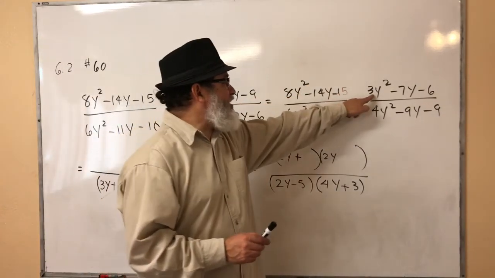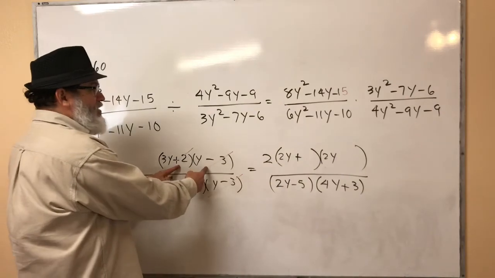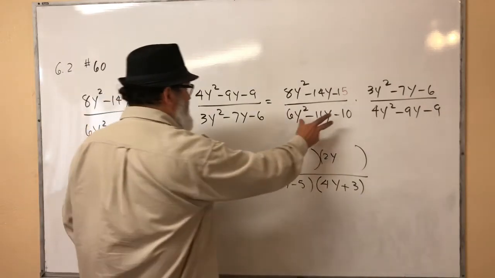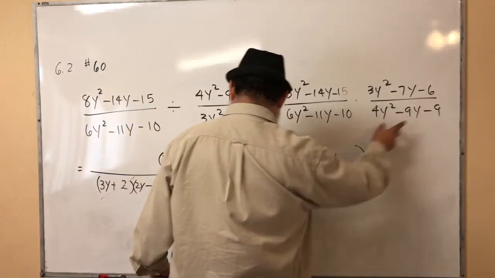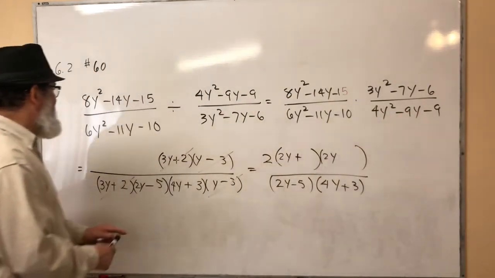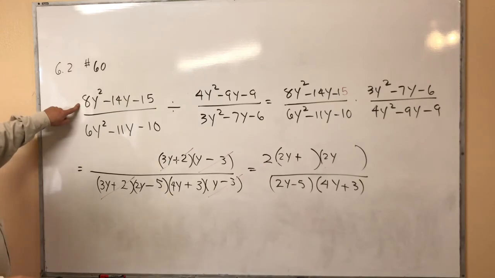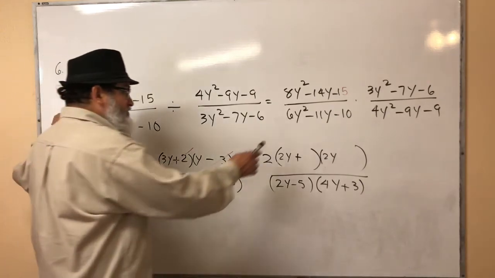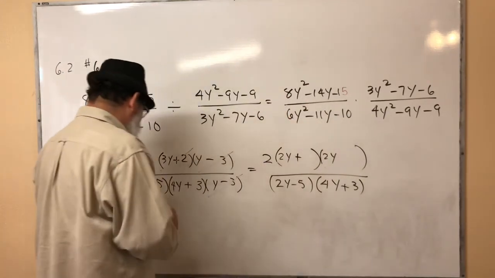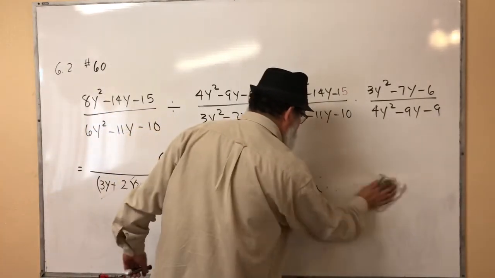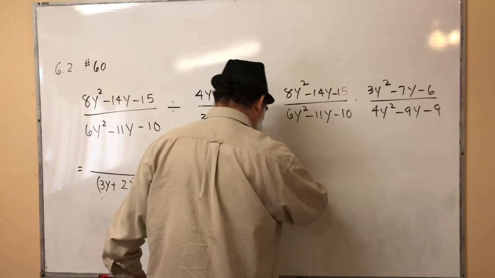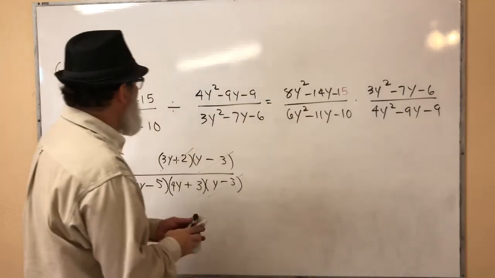Okay, I factor this one and it's right there. I factor this one and it's right there. I factor that one and it's here. Everything's fine. So let me go back. Okay, so here's my mistake.